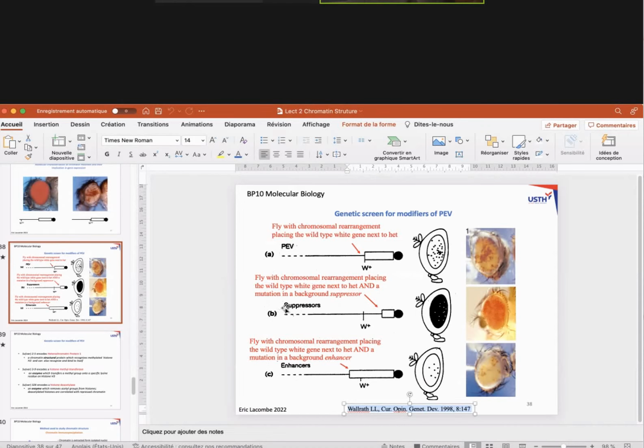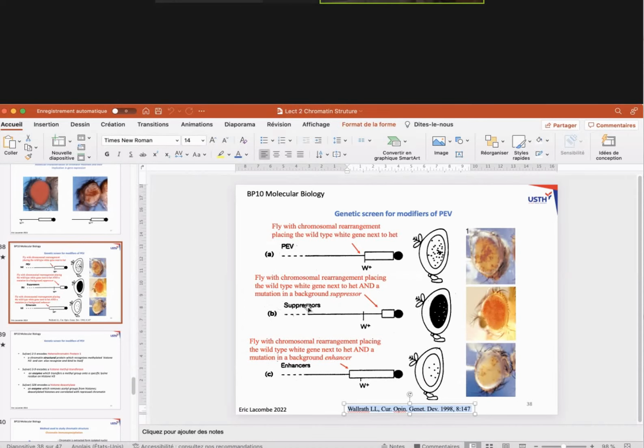So what you have to understand when I say suppressor, it's the suppressor of the initial phenotype. And this is an enhancer of the initial phenotype. Is it okay for that? Therefore, if we take the example of the suppressor, the phenotype of this construct is partially red.